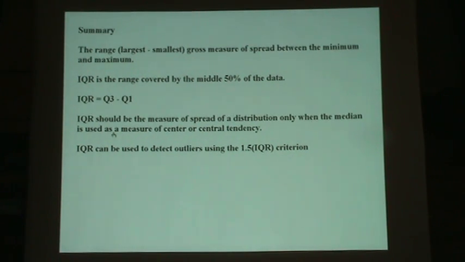The interquartile range should be the measure of spread of a distribution only when the median is used as a measure of central tendency. When the median is used as a measure of central tendency, then you want to use the interquartile range as a measure of spread. The interquartile range can be used to detect outliers using the interquartile range times 1.5 criterion.